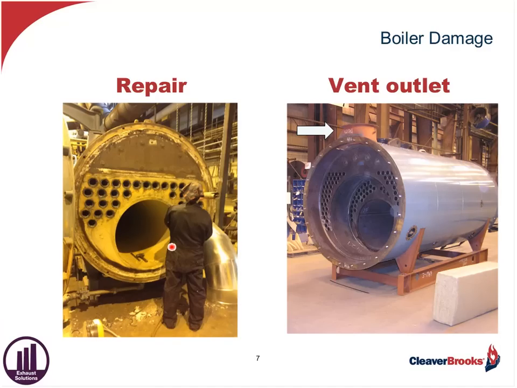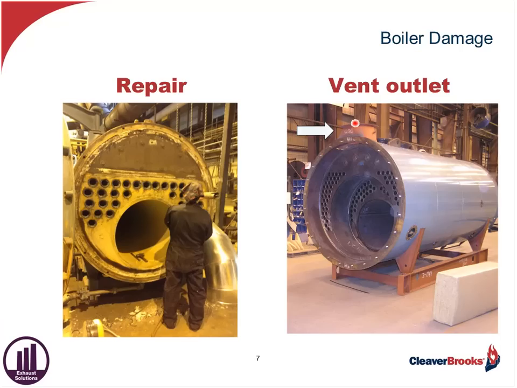Now, another thing that we have to concern ourselves with is condensation that will build up in the breeching or the stack that can impact not just the breeching and stack itself, if it's not of the proper material, but also the boiler itself. If you take a look here, you see the vent outlet, which is welded to the shell extension of this fire tube boiler. The hot gases come out and go up through this vent.